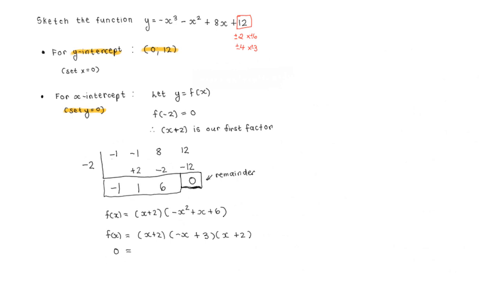We have 2 of the same factors. We've got this bracket of x plus 2 which has been repeated, and when this happens, it means that this x-intercept, this value of minus 2, is not going to be an x-intercept alone. It's actually going to act as a stationary point as well.